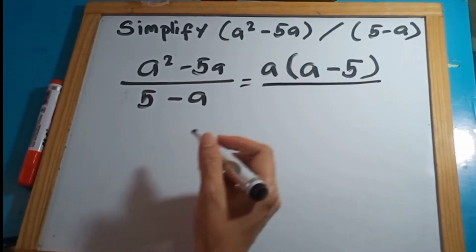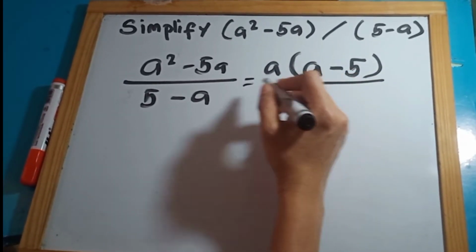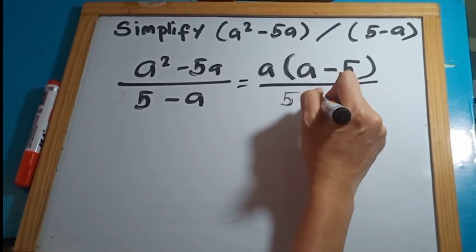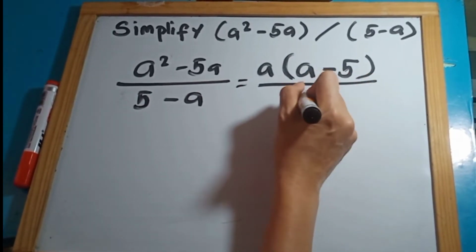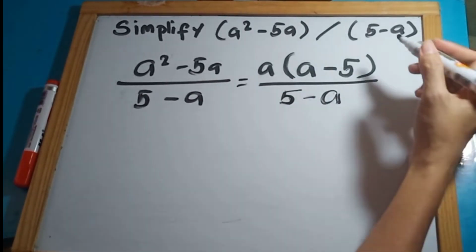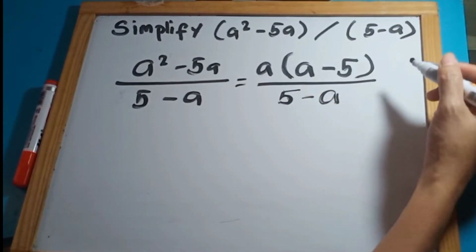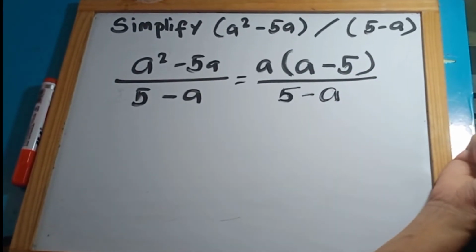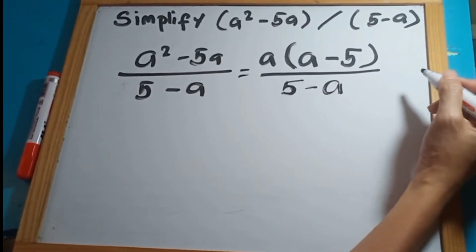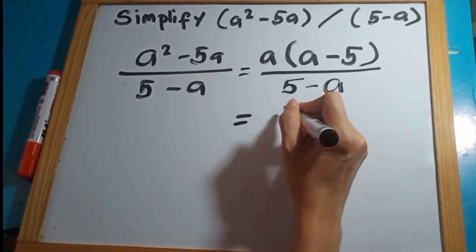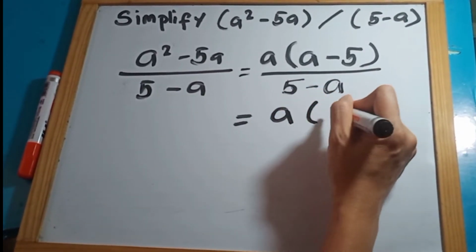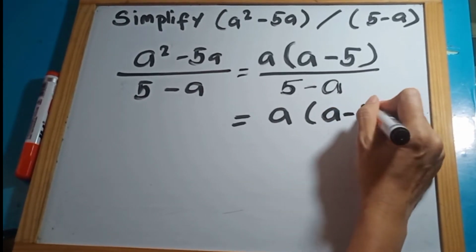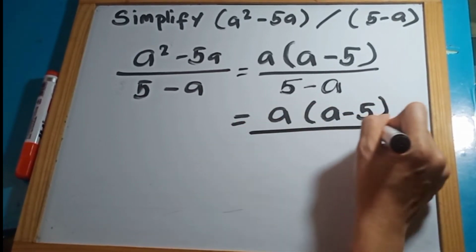And then, for the denominator, since wala naman silang common factor, we will just rewrite the denominator. Okay. So, question. Yung a minus 5 is kapareho ba ng 5 minus a? No. So, what we will do? So, let's rewrite muna yung ating numerator. So, a times a minus 5 all over.